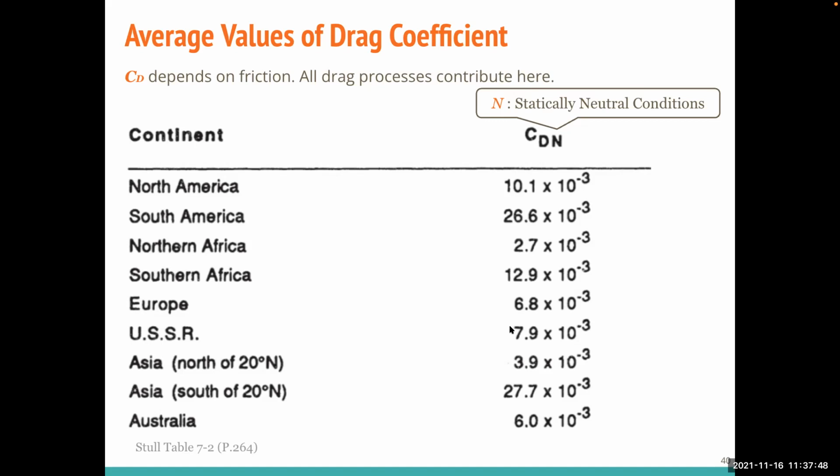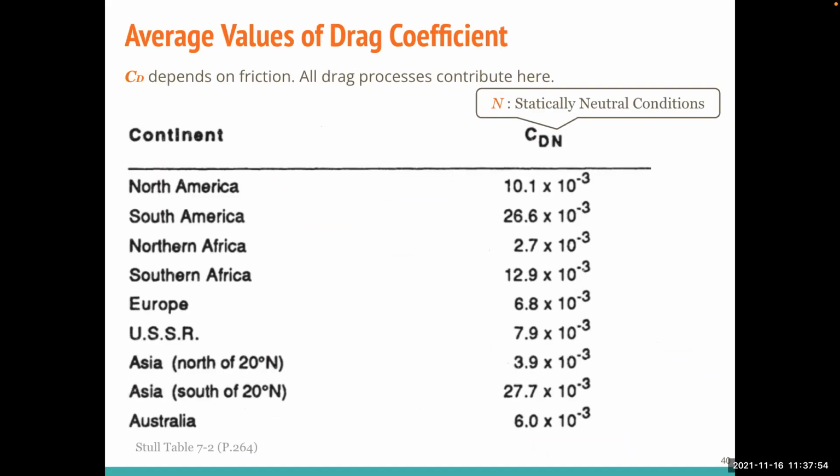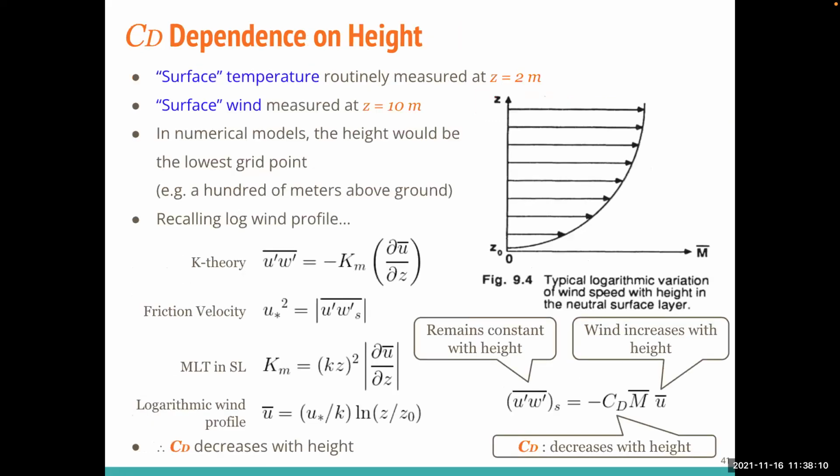So here we talk about constants, right? CD is like a lookup table here. You look up the numbers and then you apply that to your situation. But sometimes you have to have another type of parameterization for your CD. Sometimes it could depend on height again.